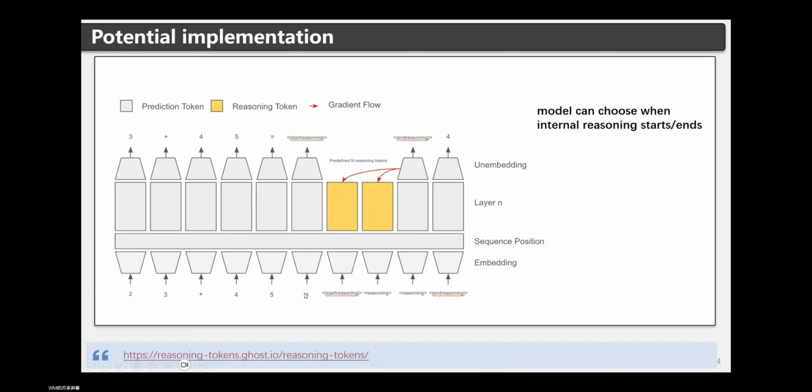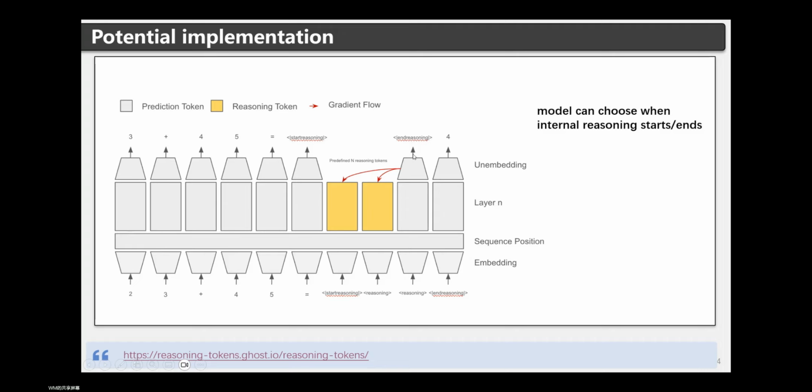After the input of the equal marker, the model will choose to start the reasoning process with the start reasoning token. After that, the model will conduct the reasoning process, and then it will automatically output the end reasoning token. After this, the reasoning process is finished, and the model will output the final result.